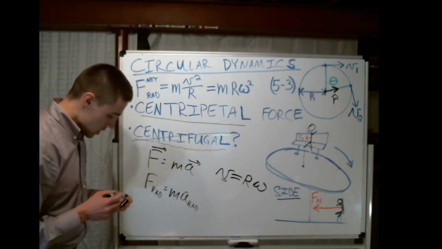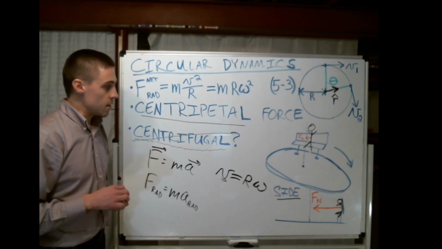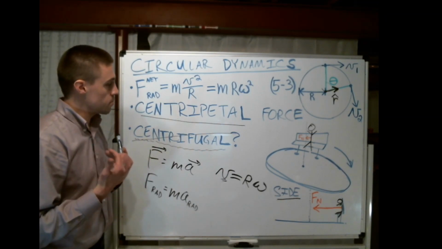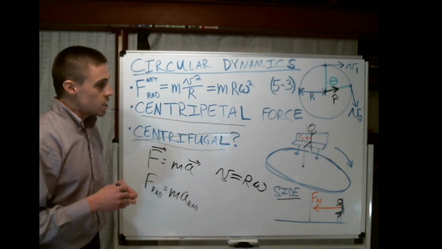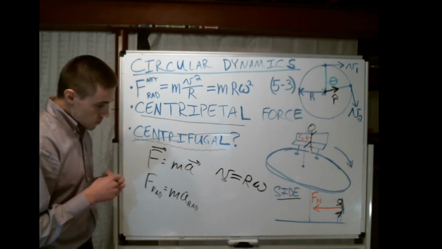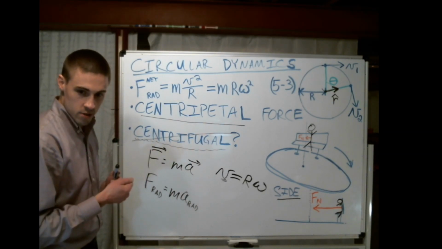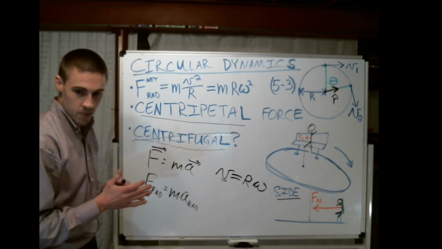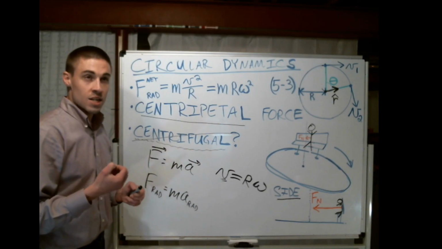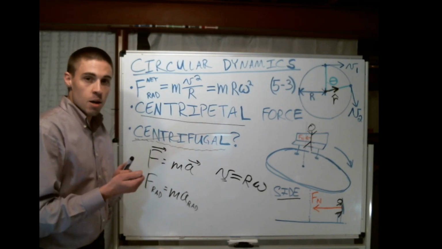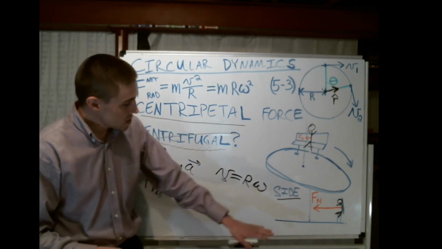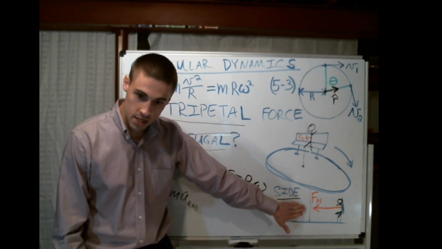Now, a key thing that I also want to emphasize is that when you draw a free body diagram for some centripetal force type of problem, you are never going to draw a vector that is a centripetal force on your free body diagram. The reason is that centripetal forces are something made up of other real forces. In this case, we have a normal force pointing in towards the center.